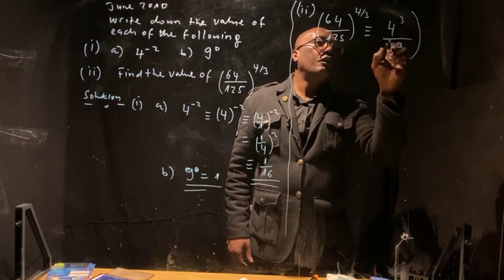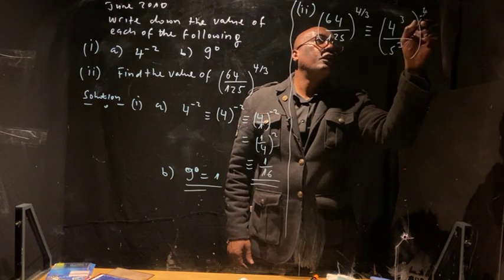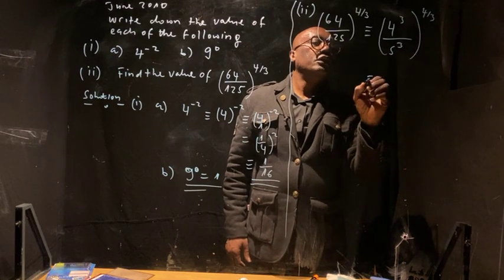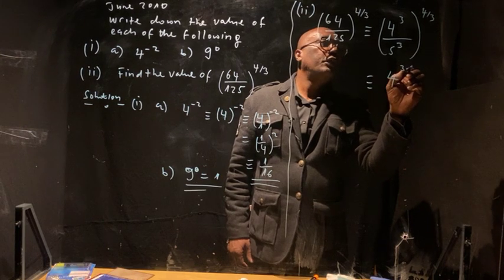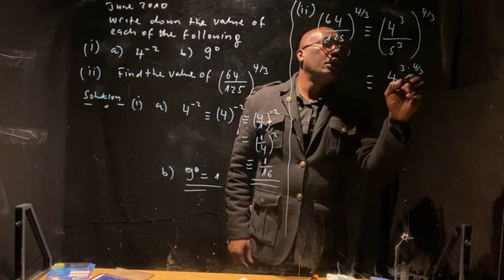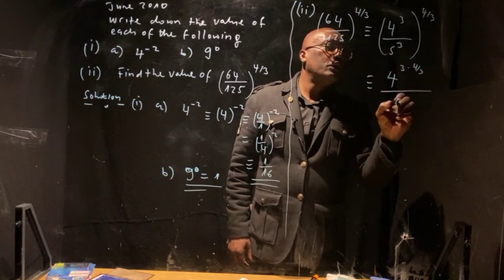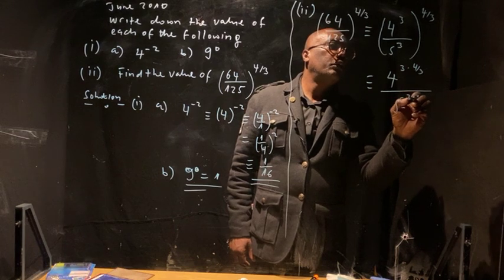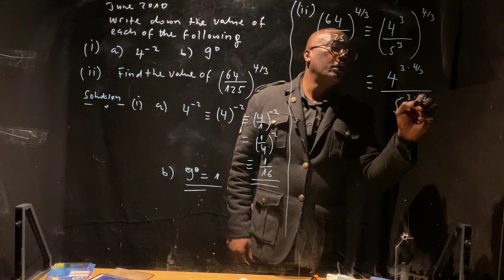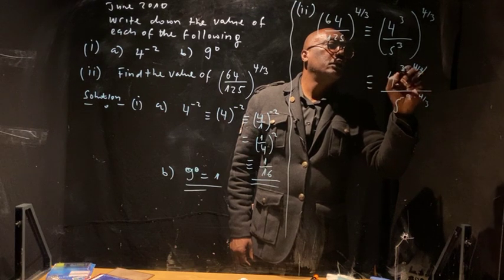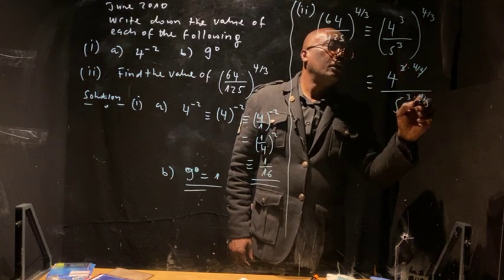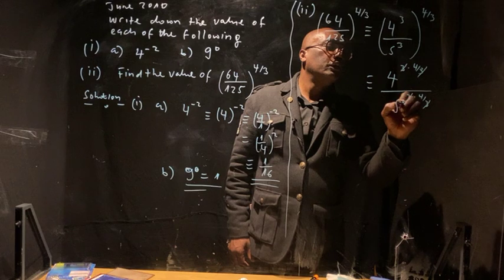They all have a common index of 4 over 3, which is equal to 4 raised to the power 3 multiplied by 4 over 3, all over 5 raised to the power 3 multiplied by 4 over 3. This one will cancel this, and this one will cancel this.